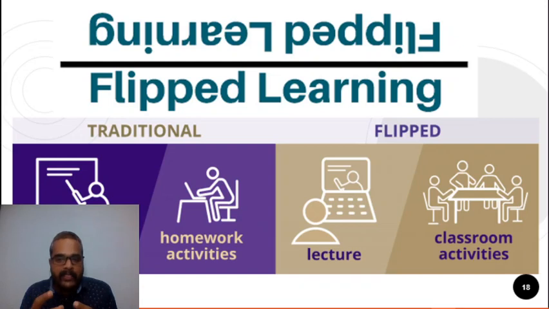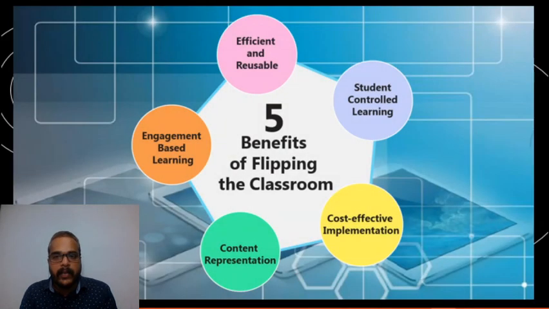Whatever lecture materials and resources can be shared with the students, and that can happen at home. They prepare their learning and come to the classroom for higher level analysis and verification. So we tilt the learning that happens in the classroom and at home. This is flipped learning.